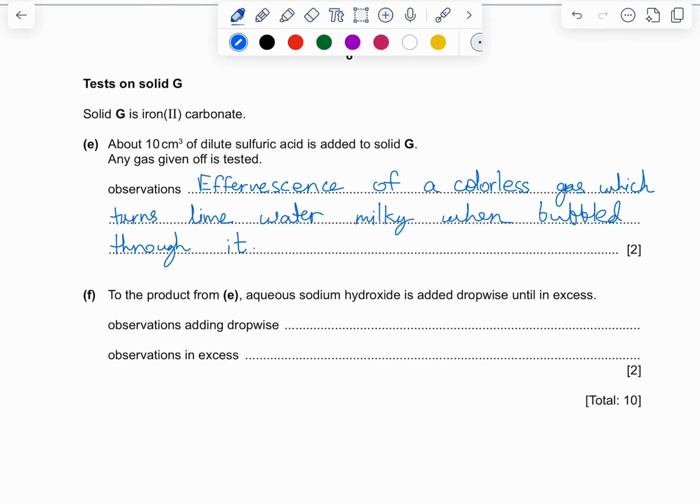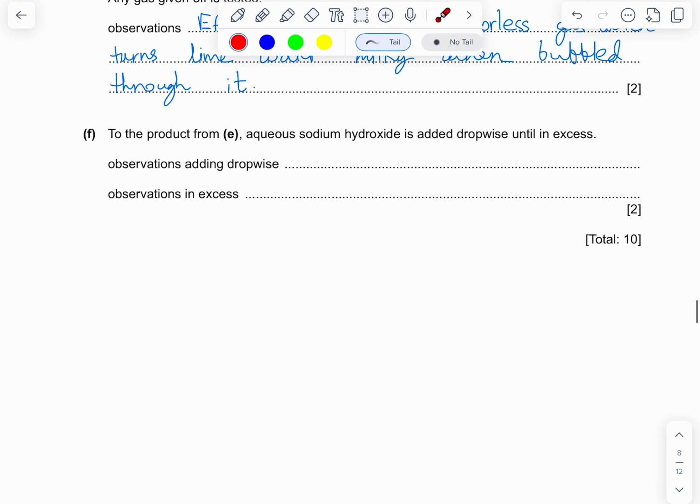That is our test, right? This is how I explain you should write. When a gas is being produced, if it is colorless, you can't say carbon dioxide gas is produced. No, you have to say that a colorless gas is produced, and because it is carbon dioxide, you have to tell its test, which turns lime water milky. All right.